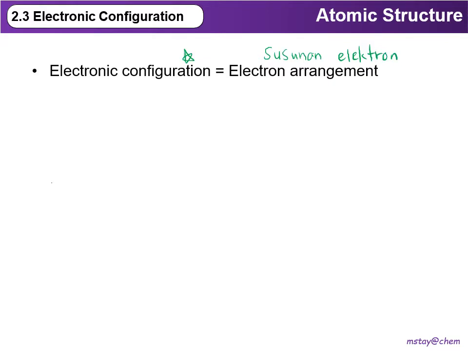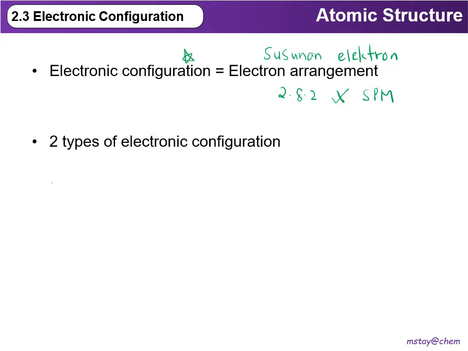Maybe you can recall back in your SPM, you always wrote the susunan elektron in the form 2.8.2. But this electron arrangement will not be used in matriculation. This is the pattern that you used during your SPM time.